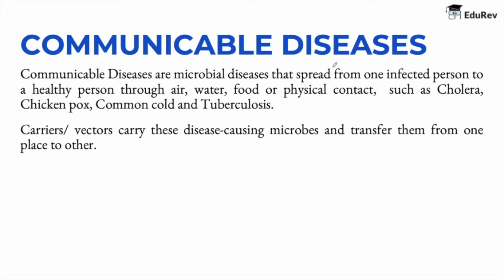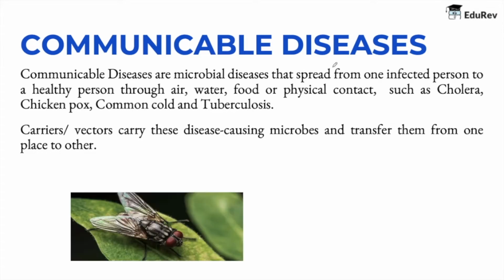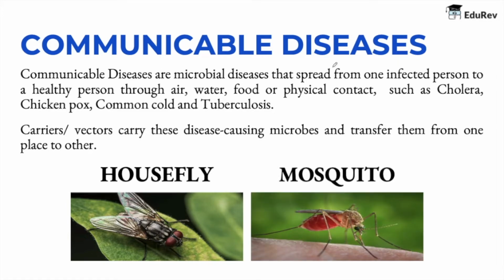Insects and animals that carry these disease-causing microbes and transfer them from one place to another are known as carriers. Some of the examples, as you can see on your screen, are housefly and mosquitoes.